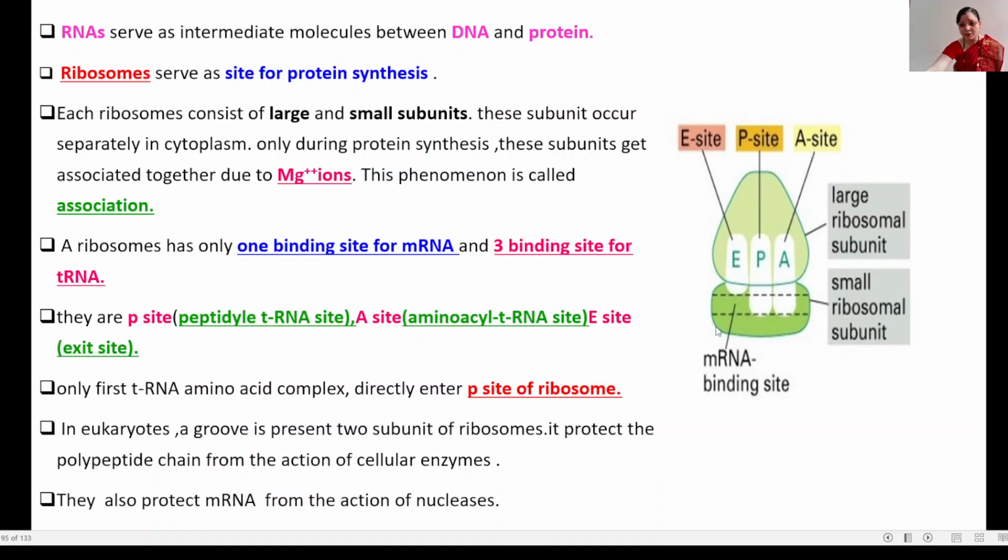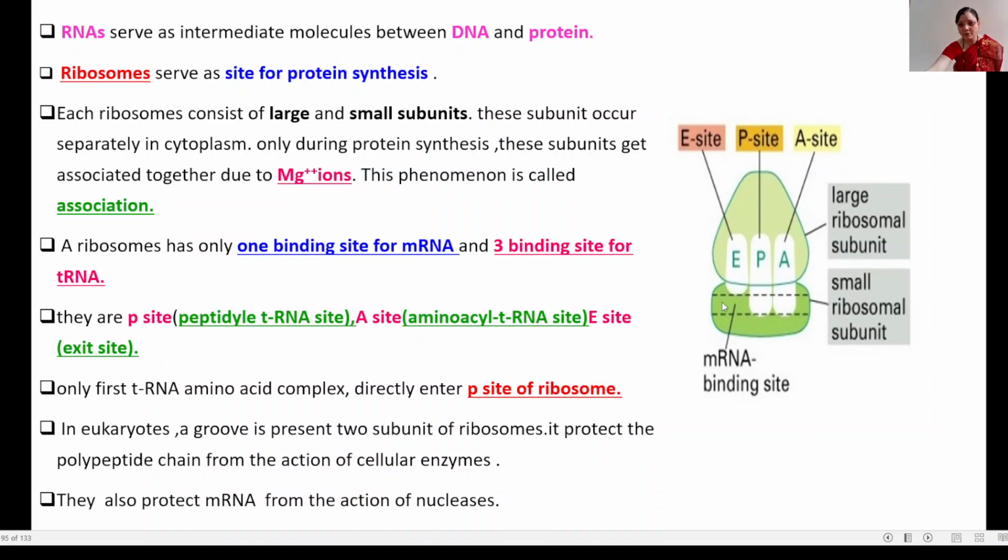And the ribosome consists of one binding site for the mRNA and 3 binding sites for the tRNA, that is the E site, P site and A site. The E site is known as the exit site, the P site is known as the peptidyl site, and the A site is known as the amino acyl tRNA site. So this is the structure of the ribosome.